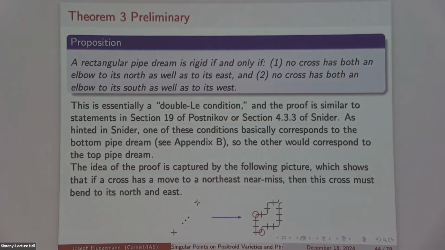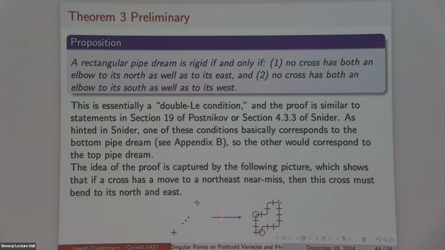And then the statement regarding these northwest southeast partitions is going to use this proposition, which is that a rectangular pipe dream is rigid if and only if no cross has an elbow both to its north as well as to its east, and no cross has an elbow to its south as well as to its west.